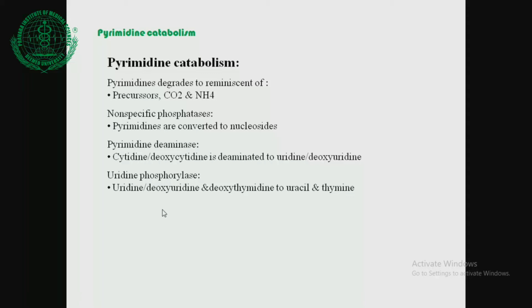Further, an enzyme called uridine phosphorylase hydrolyzes the glycosidic bond of the nucleosides uridine and deoxyuridine or thymidine and converts them into the free bases uracil and thymine.